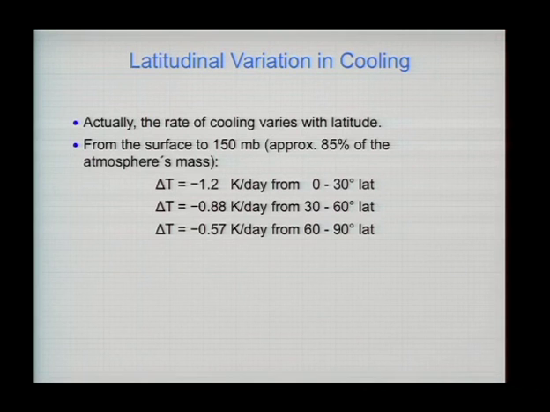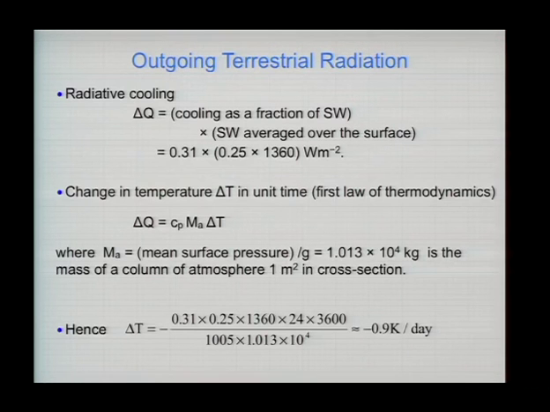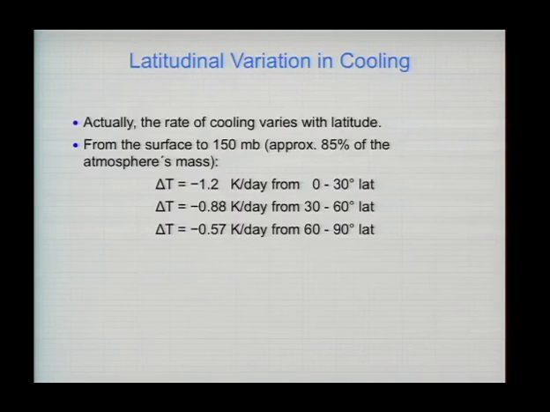So let's just pump it up a little bit. So instead of it being 0.9, let me make it 1.2, because I know that that's an estimate over the whole globe. So let's assume that we're cooling at about 1.2 degrees per day.